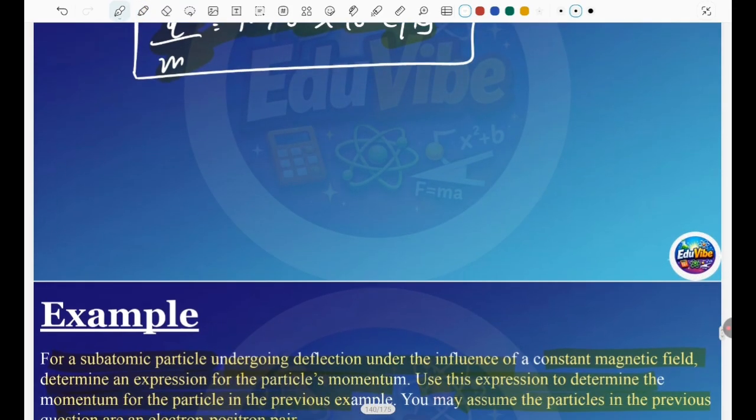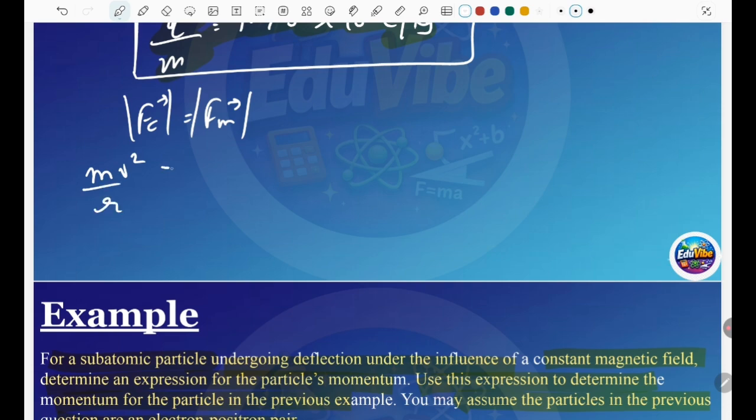So if I start from here, we use this formula, Fc is equal to Fm, so mv squared upon r is equal to qvB. From here you cut those things, and you get mv upon r is equal to qB.